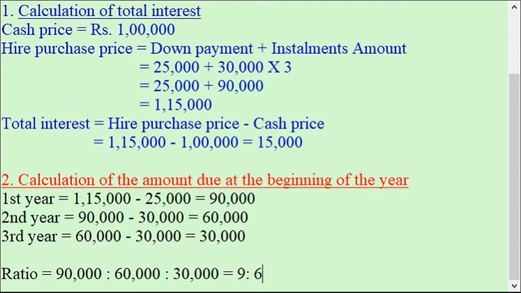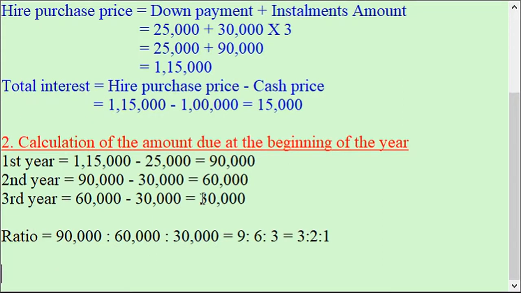I get 9 is to 6 is to 3, which can be simplified as 3 is to 2 is to 1. That's the ratio of the amount due. So I got 3 is to 2 is to 1. Now I'll calculate what is the interest for each of the year.